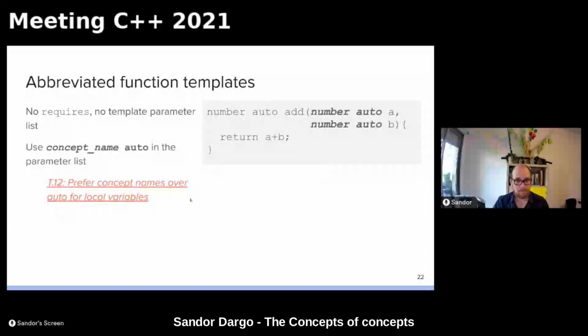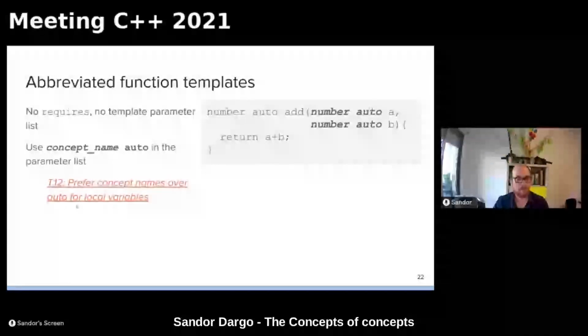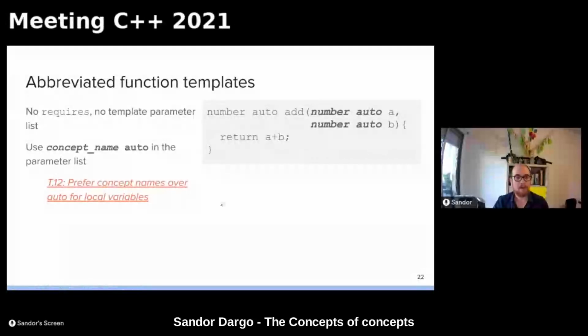And I refer to the core guidelines wherever it is possible, wherever it makes sense. So we should use in function templates whenever possible concepts, because it documents our code already. It documents what kind of types we expect. It makes it safer. It makes it more maintainable.